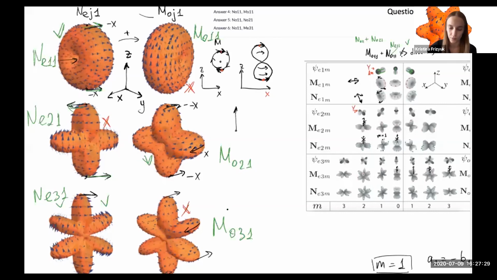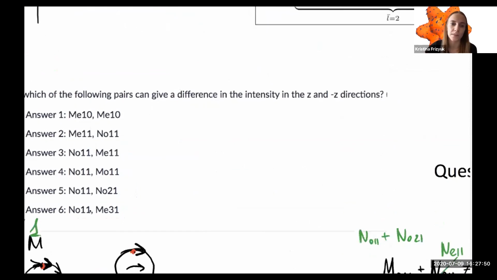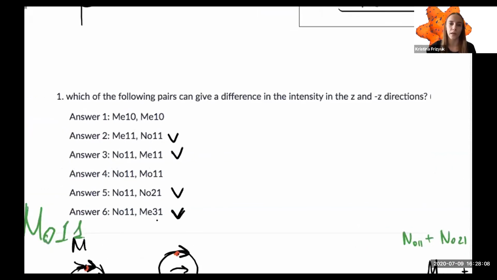So if we take, for example, this guy and this guy, they will give some contribution to a directional pattern. The same happens if we take these two guys. It was quite a hard question, and the right answers are these. So all these four pairs can give some contribution to directivity.